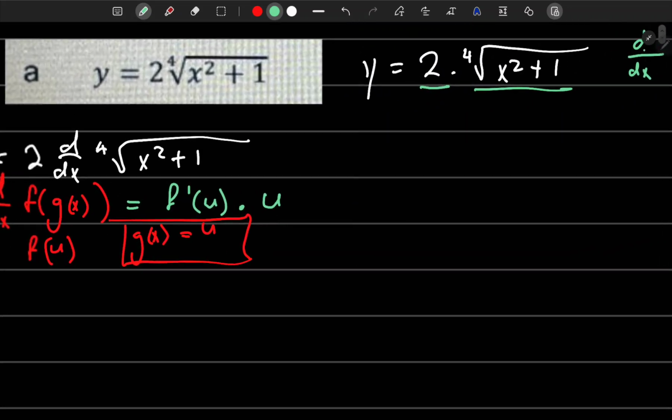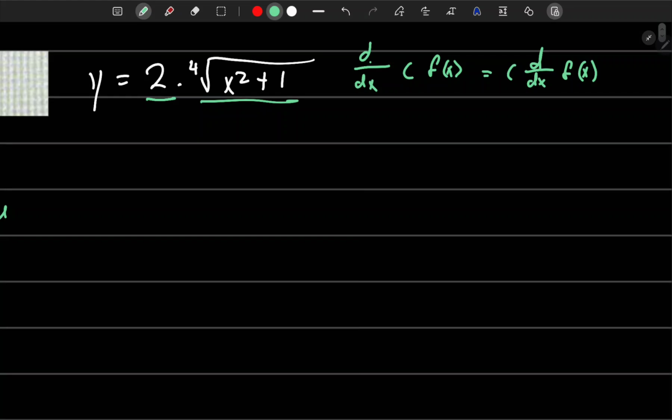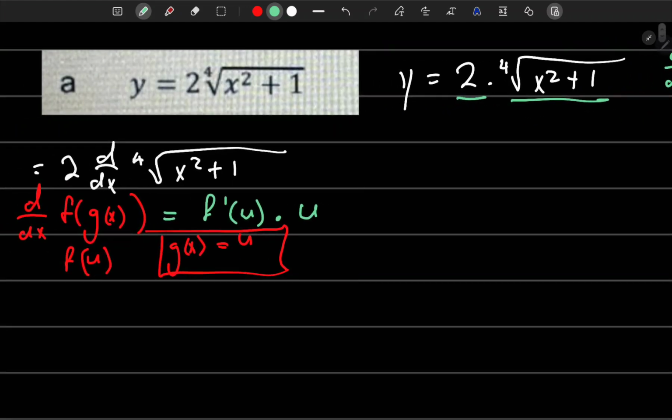First we need to find out what f prime is. f is the outer function. Another way to represent this function, if we're just focusing on this part of the problem and then multiply with the 2 at the end, is to say open brackets x squared plus 1 and raise it to the exponent 1 over 4.